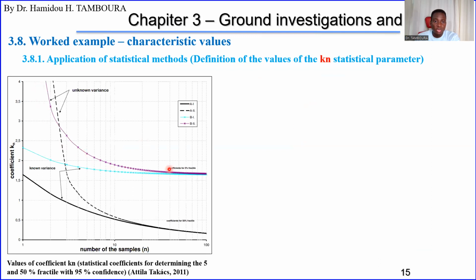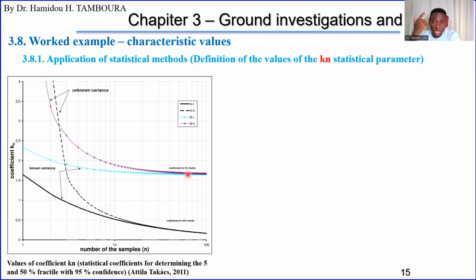Then all these graphs are plotted for the coefficient Kn. And here is number of samples. Okay? So our case is, and these two curves are for 5% fractile.